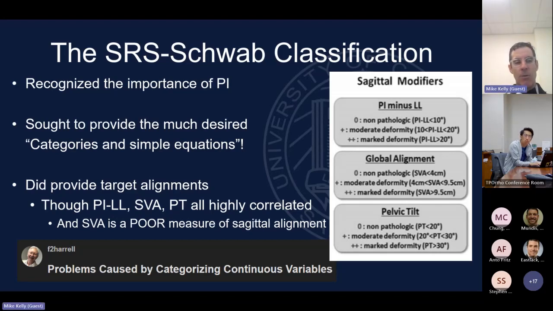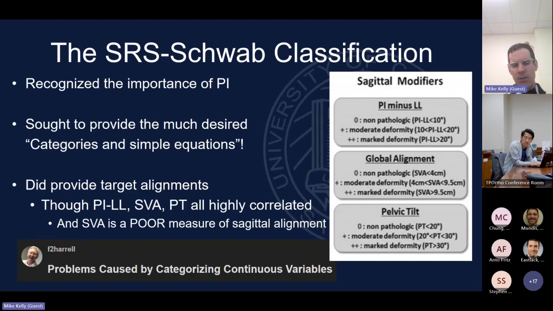So a PI of 40 on average would have a lumbar lordosis between 50 and 55. And a PI of 70 on average would have a lumbar lordosis of 72, so almost on the button. And if you are at 30 degrees of lordosis for a 40-degree PI, that's going to be a pretty marked flat back.